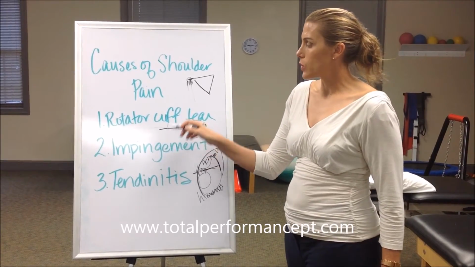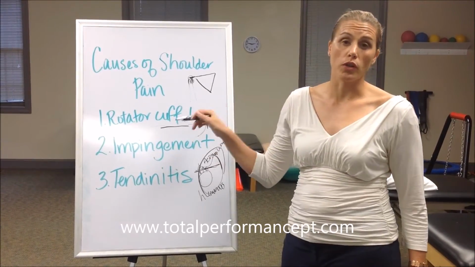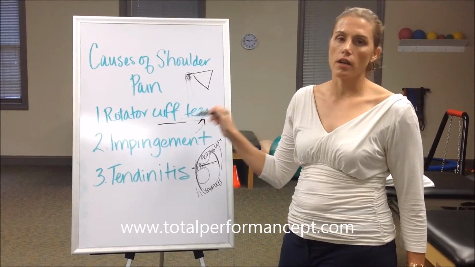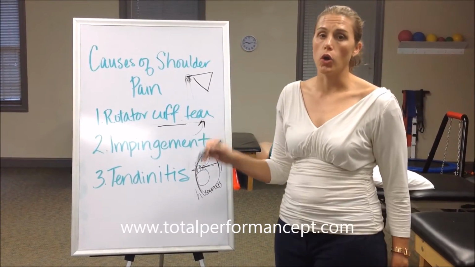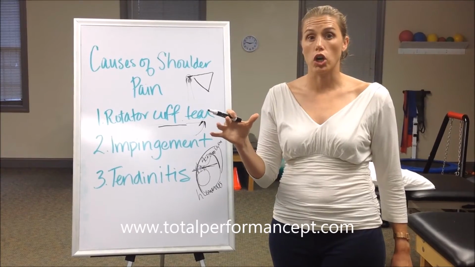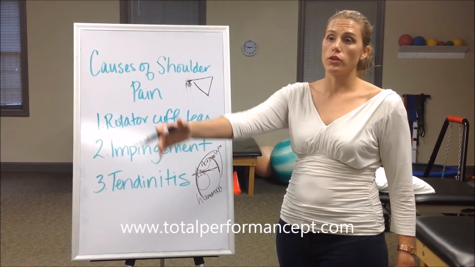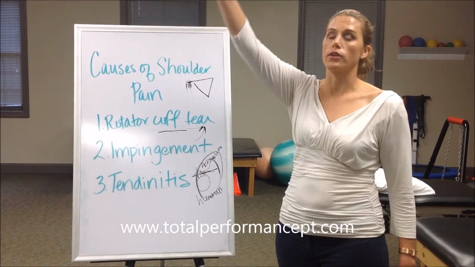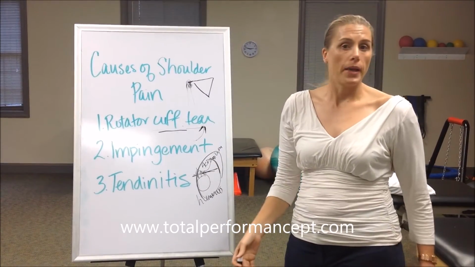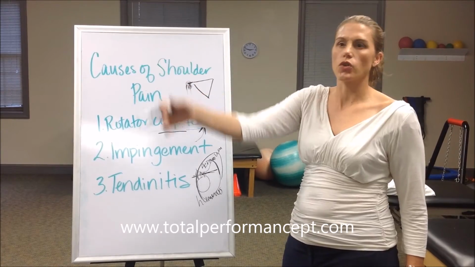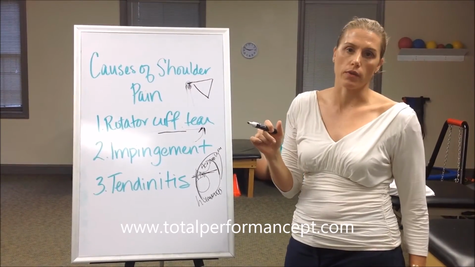The difference between a rotator cuff tear and an impingement in terms of what you feel is, in a rotator cuff tear, you generally will have about 20 degrees where it hurts, and then you'll go through it and it'll get better. So it'll feel good, good, good, good, not good, not good, not good, good. All right? With an impingement, once you get past this 90-degree mark, it's just going to hurt the whole way through.